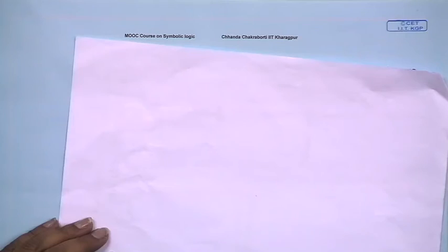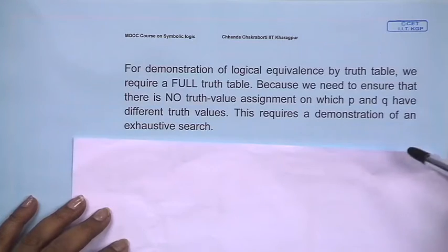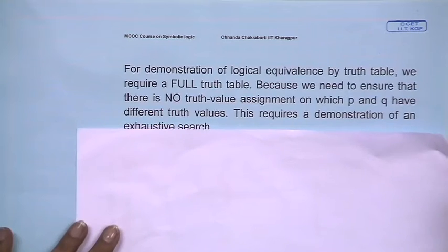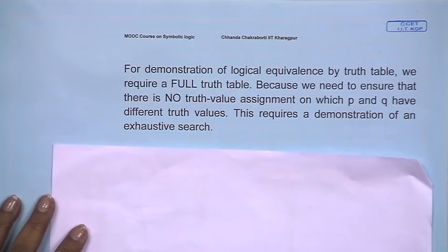When I have said that, I think more or less you know in terms of the truth table what your approaches would be. Let me make that point more explicit. The demonstration of logical equivalence by truth table requires a full truth table.